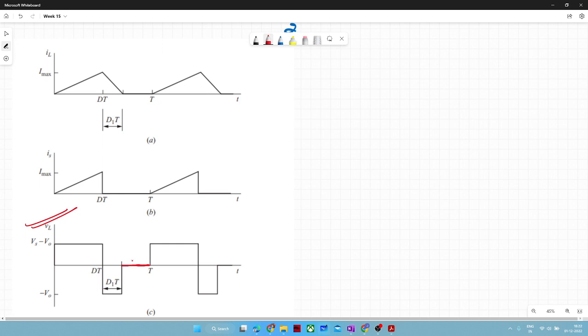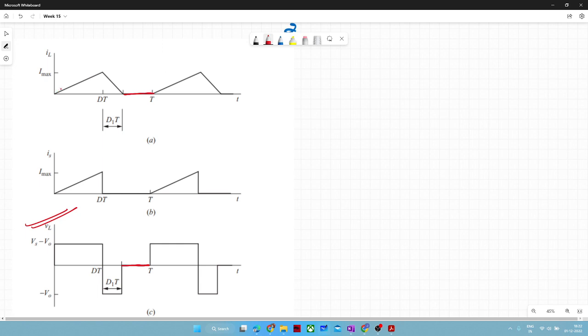And any other difference or any other consequence of this point? Yeah, so another point is here inductor current is also becoming zero for some point and it is not getting started with some initial value.